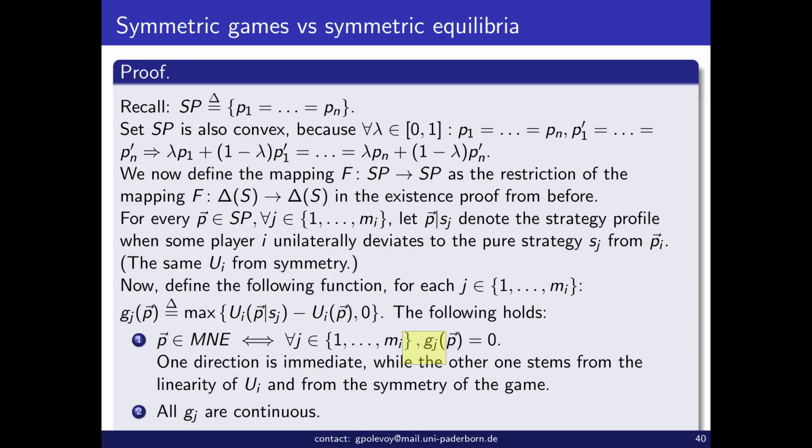And then from the linearity of u_i and from the continuity of the maximum, G_j is continuous. So we have defined G_j. We've said that G_j being 0 for all j's is equivalent to p being a mixed Nash equilibrium, and the G_j's are continuous.